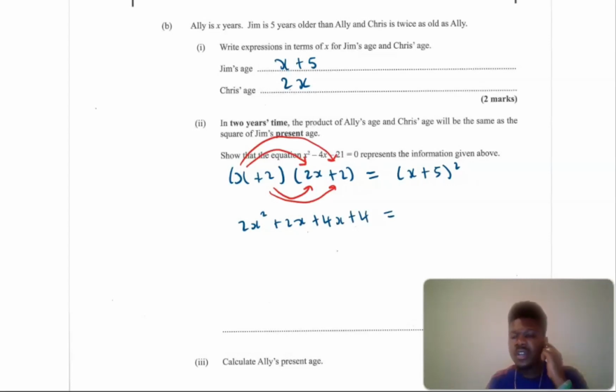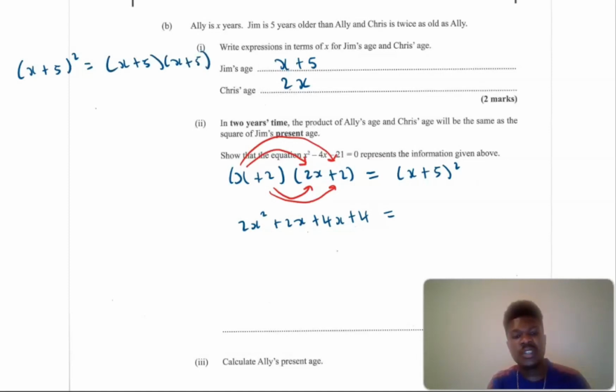Over here, now when we square it, we're multiplying by itself. There is a formula which is a squared plus 2ab plus b squared. If you don't remember it, then we can expand it. X plus 5 squared just means x plus 5 times x plus 5.